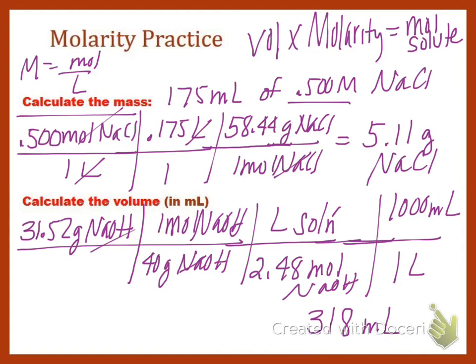Or you could also say moles divided by molarity gives you liters, gives you volume. You could turn that around, right? If I want volume, I'm going to say volume is moles divided by molarity.